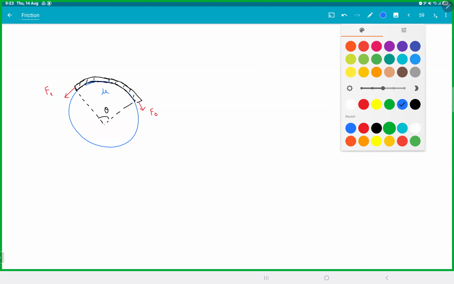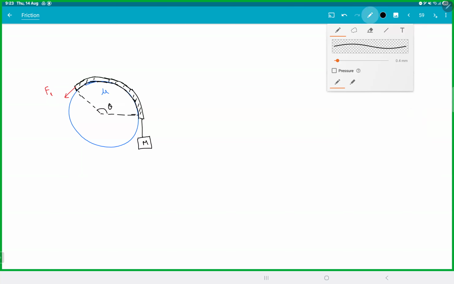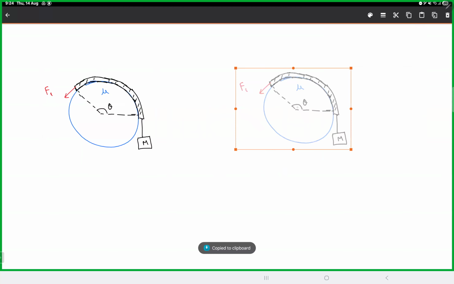Let's say the rope is going this way. Or wait, I'll do something better. Let's say you kept a block of mass M here like this. So we get two possibilities.